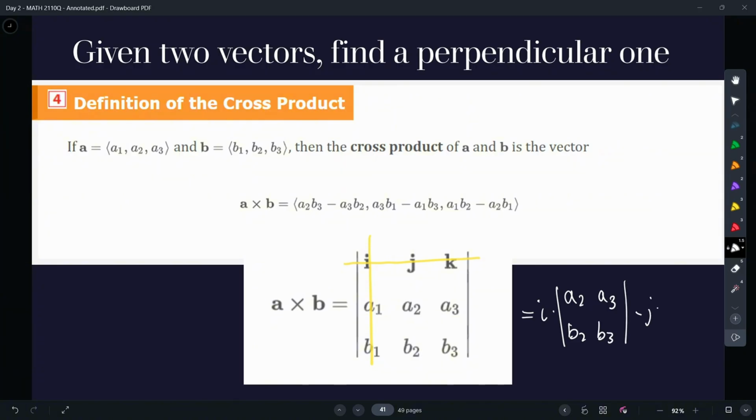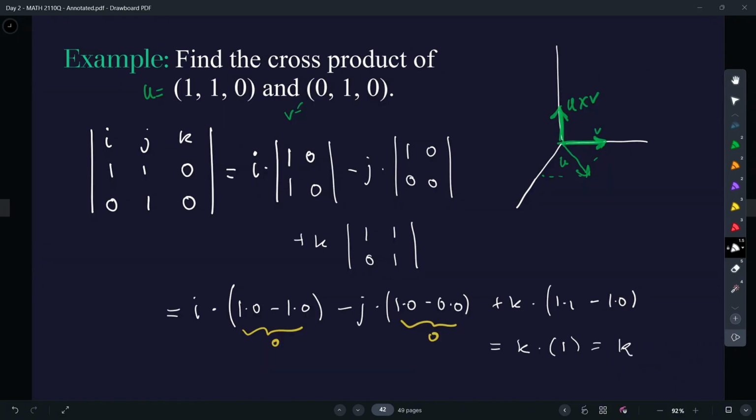Then the second one will be when I remove this one and that one, then what is left is A1, A3, B1, B3. And then with the k, I get A1, A2, B1, B2. Make sense? Okay.